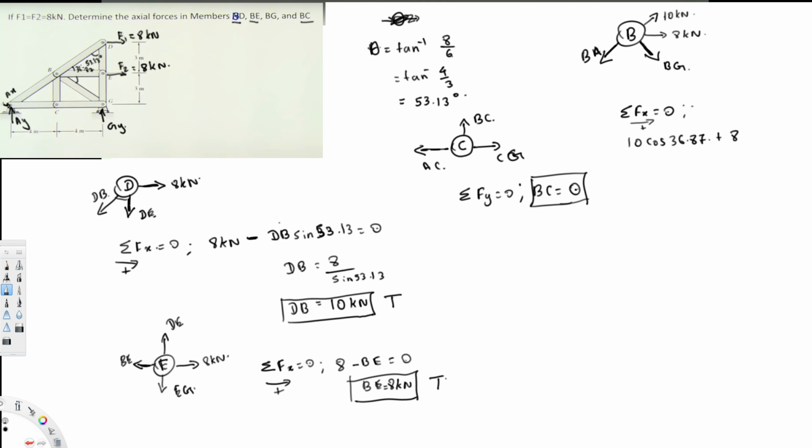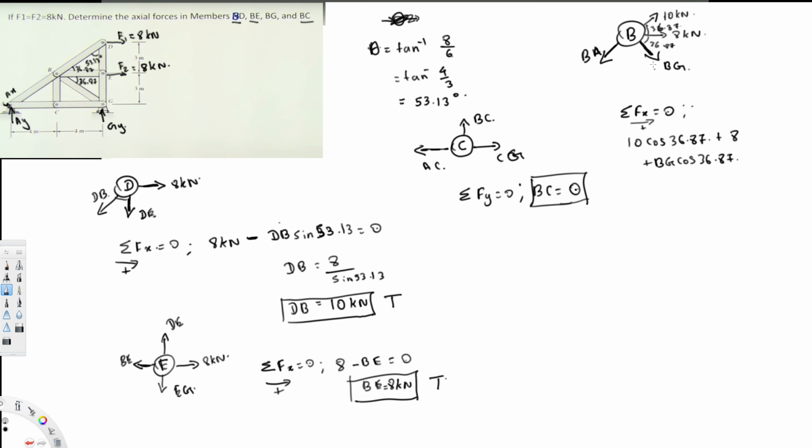If this is this value, then this is going to be the same value, 36.87. So I can substitute for this one. Therefore we can say this is plus BG cos 36.87.